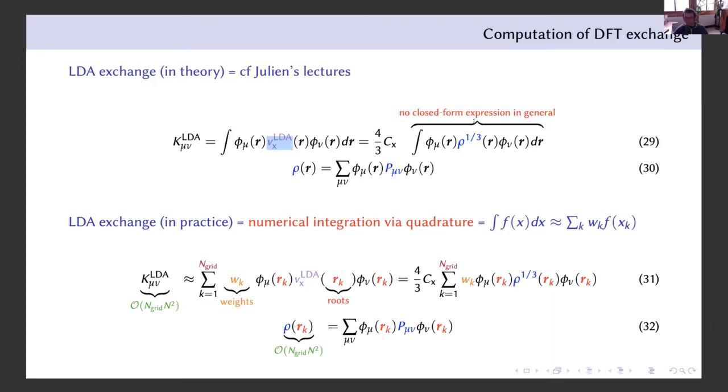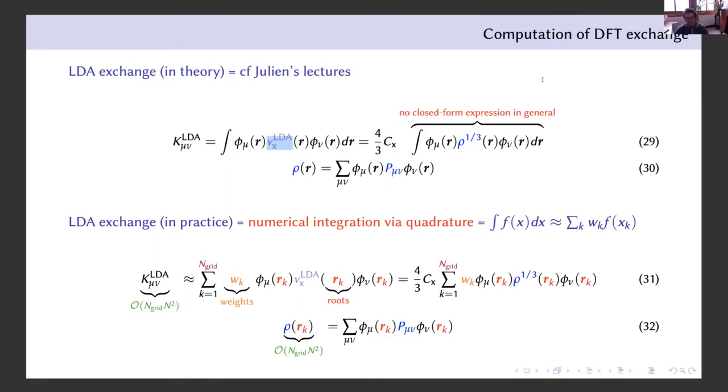So in practice, if you do an LDA or a DFT calculation in general, what you're going to use is integration grids. Okay, so you're going to take R3, the space of your molecules, and you're going to make an integration grid, and you're going to use this grid, thanks to a quadrature, okay, to compute those integrals numerically.